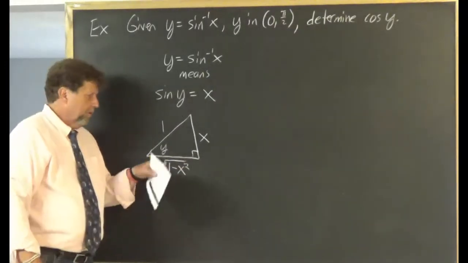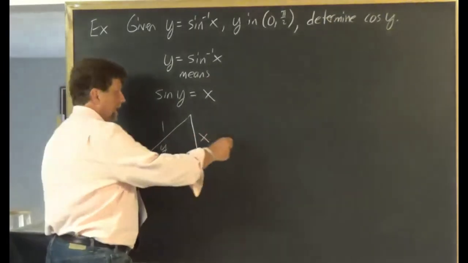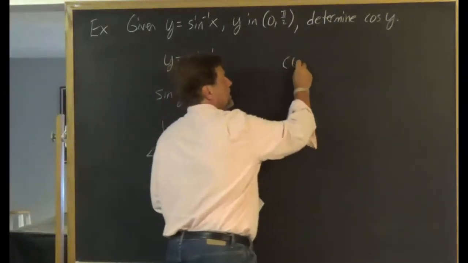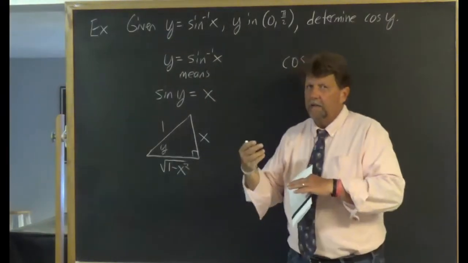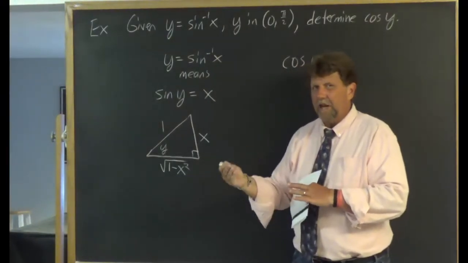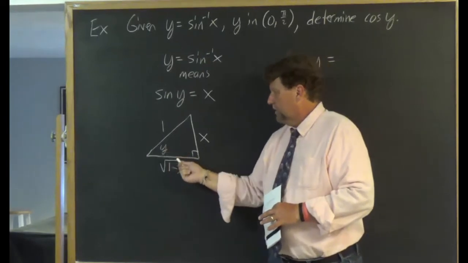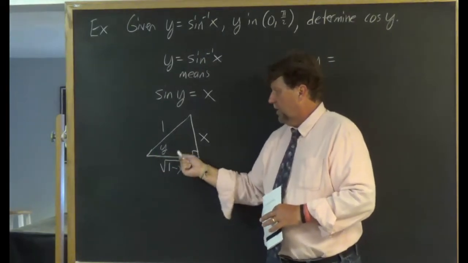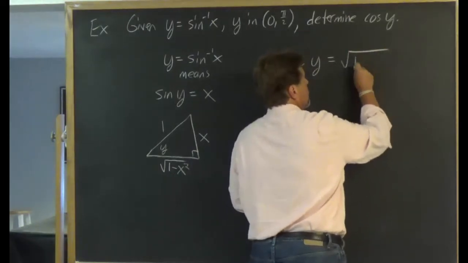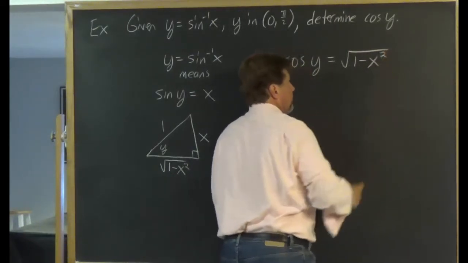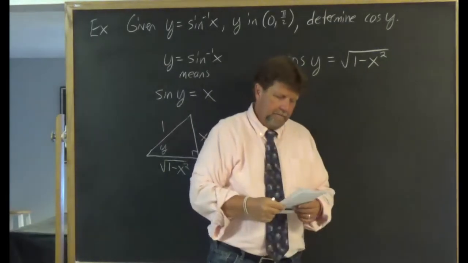And from the right triangle, we get that cosine of y equals, remember cosine in a right triangle is adjacent over hypotenuse, so cosine y is the square root of 1 minus x squared.